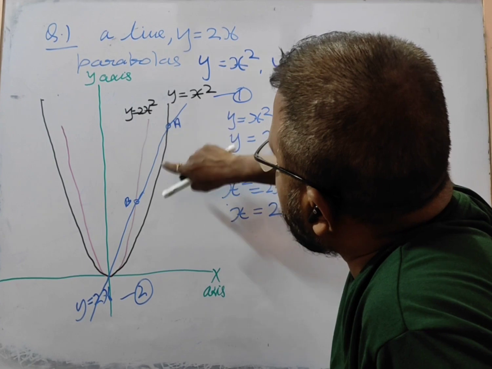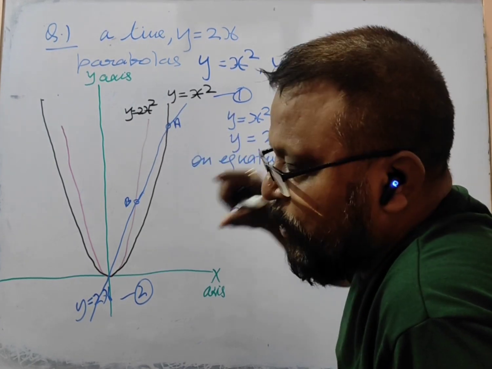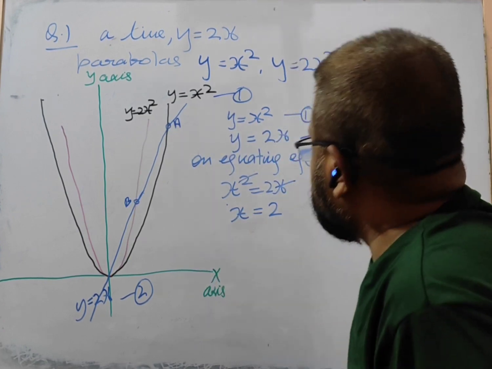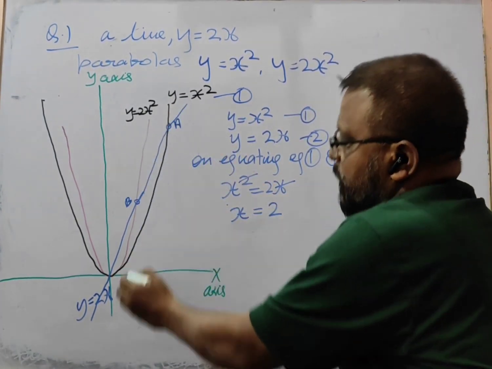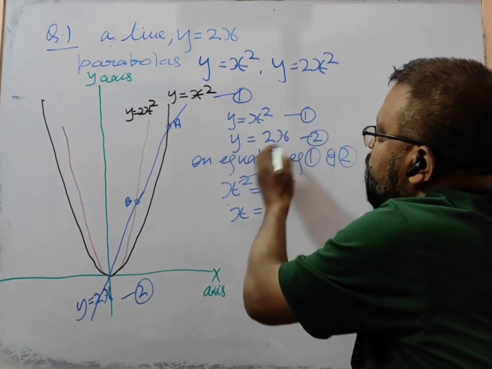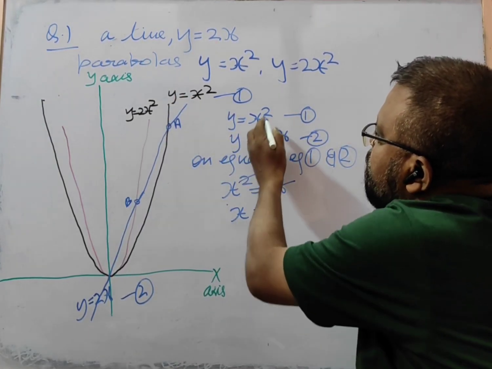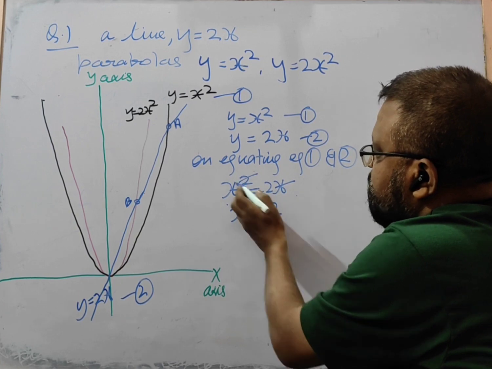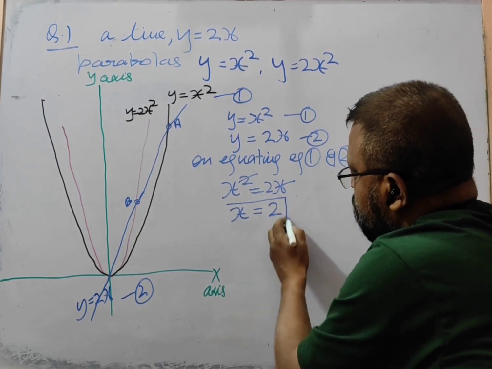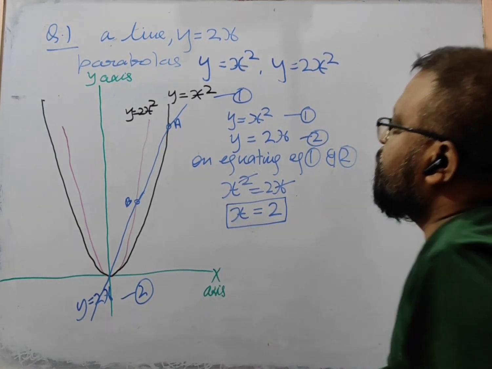Here, these two will have common coordinates, so we equated equation 2 and equation 1. When we equate them, x square is equal to 2x. x is cancelled out, so x is equal to 2.